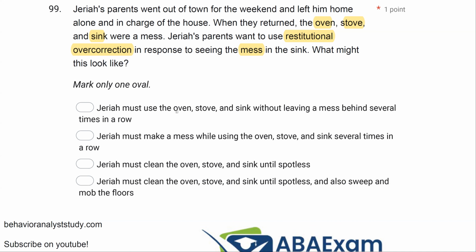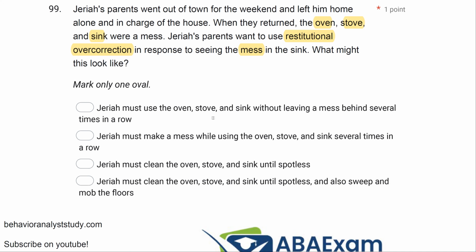A, Jiraiya must use the oven, stove, and sink without leaving a mess behind several times in a row. To me, that sounds like positive practice overcorrection, doing the right thing over and over. We're using restitutional. B, Jiraiya must make a mess while using the oven, stove, and sink several times in a row. Doing the wrong thing over and over is negative practice.